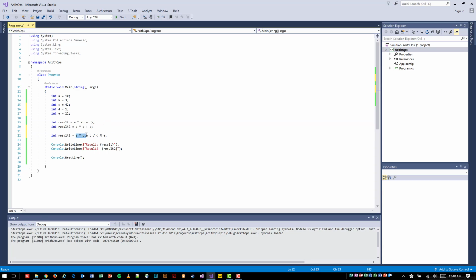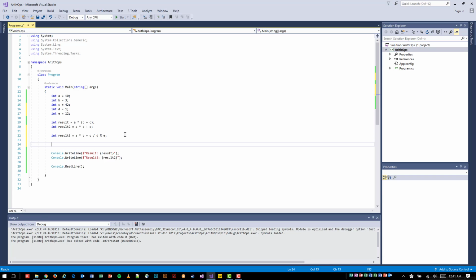First, a times b would be evaluated. Then, c divided by d. After that, that value would then be modulo e. Those two values would then be added together.